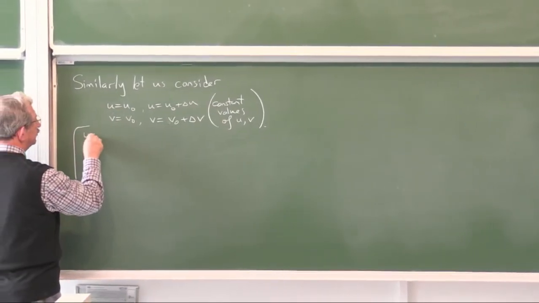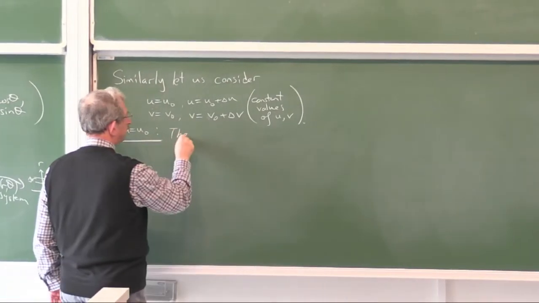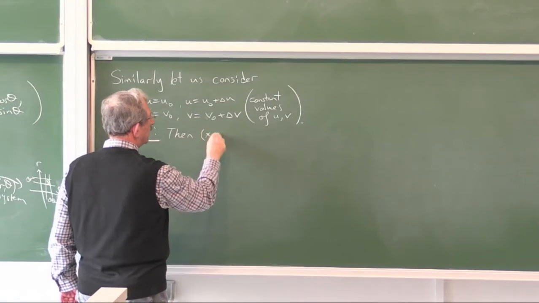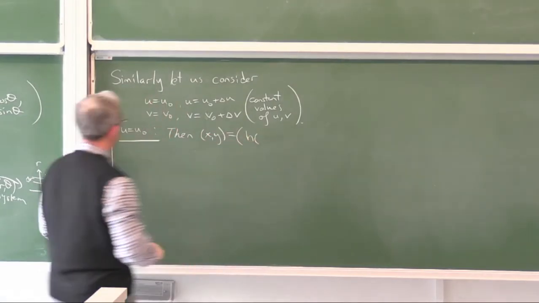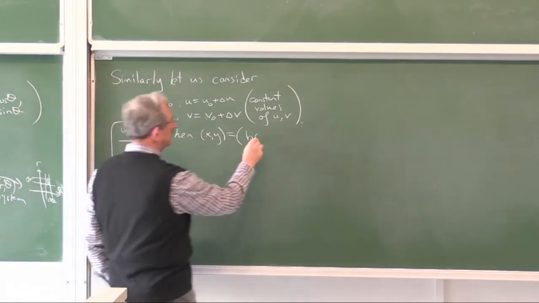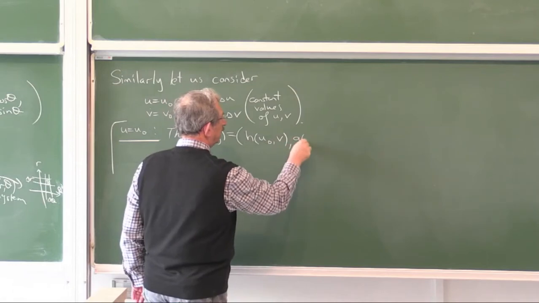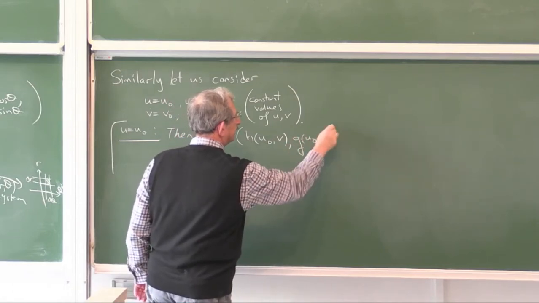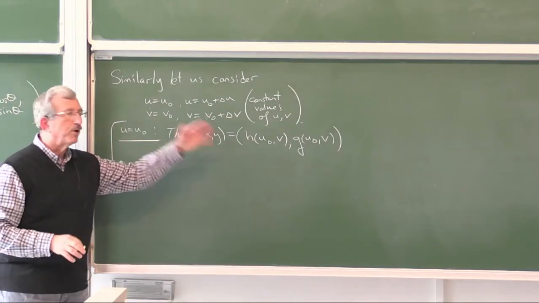Say U is U0. Then xy becomes h of, now U is constant, the other one is not, g of U0, V. So this is what happens to the point xy.